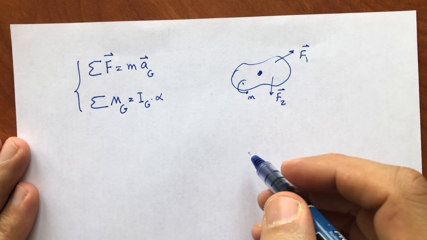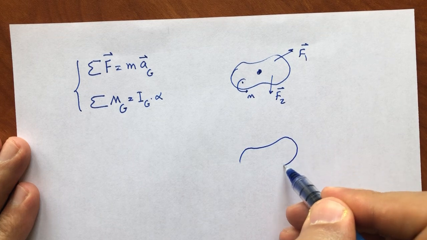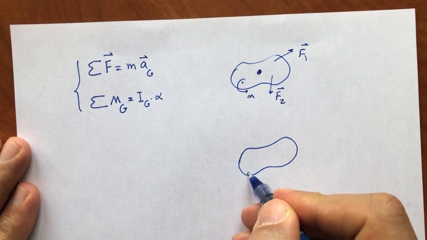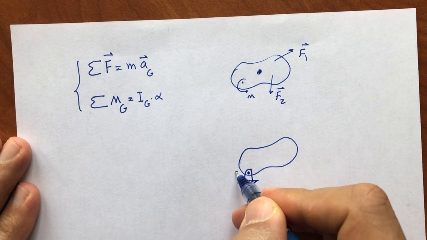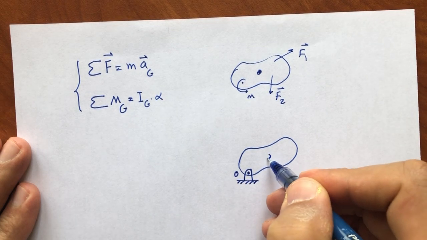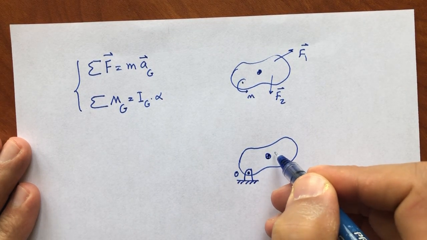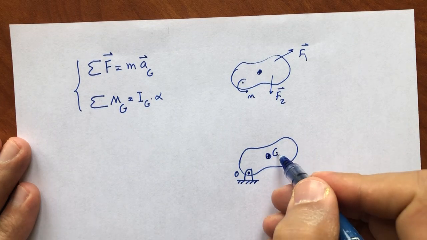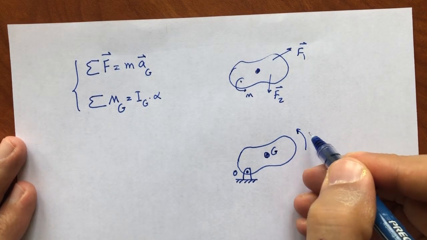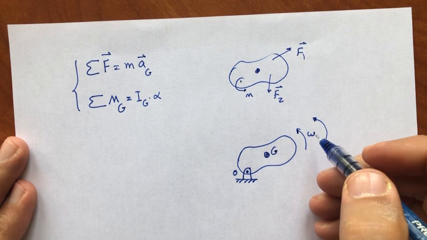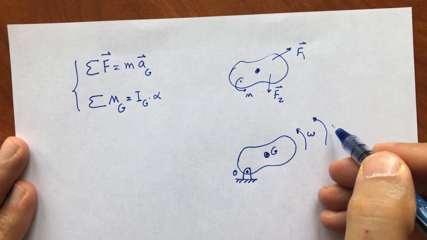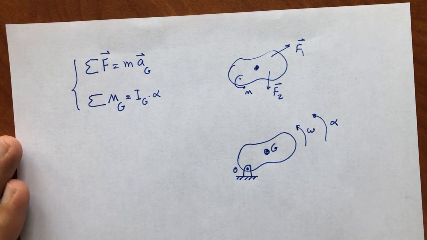But sometimes we have some specific case. Sometimes our rigid body is rotating about only one point, let's say point O, and the centroid of it is in a different point, like for example, G. So it is rotating about point O, so we are gonna have angular velocity and angular acceleration.